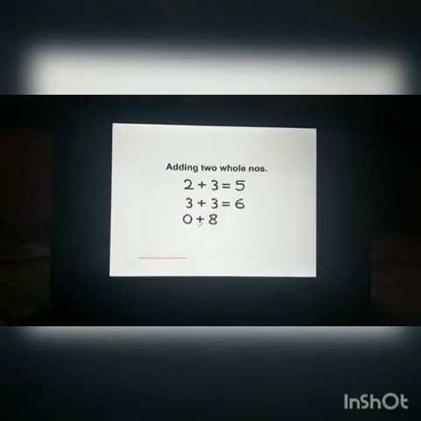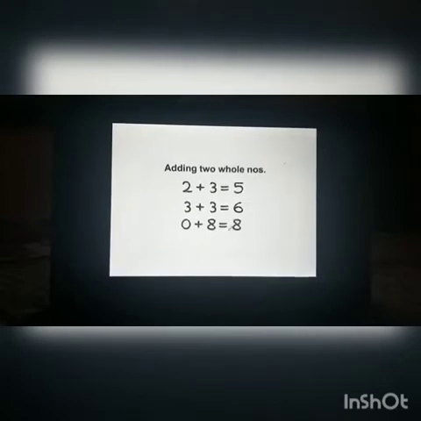Take another example. 0 plus 8 is equal to 8. Here 0 is a whole number, 8 is a whole number, their sum is a whole number. So what we get from these three examples, that sum of any two whole numbers is again a whole number.